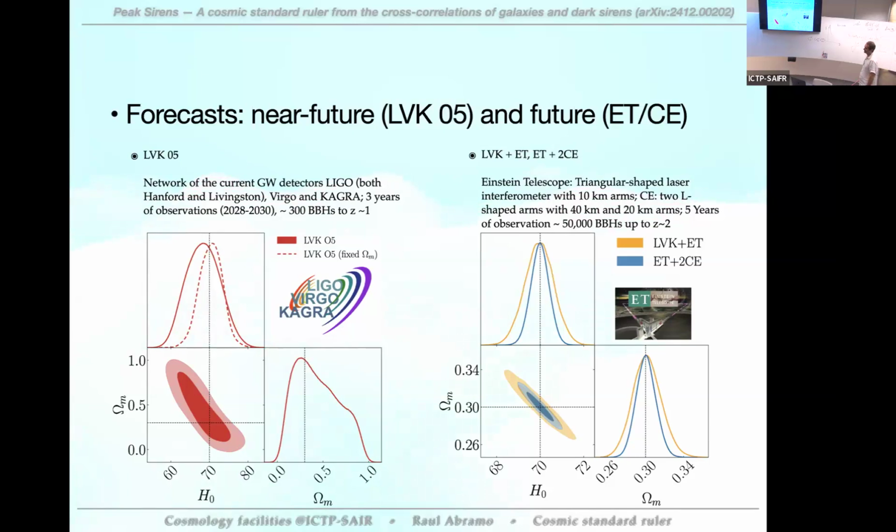So for the graph on the left, how many galaxies? It's for 300 events. I don't recall the number of galaxies in this case, but we have more than that for sure.